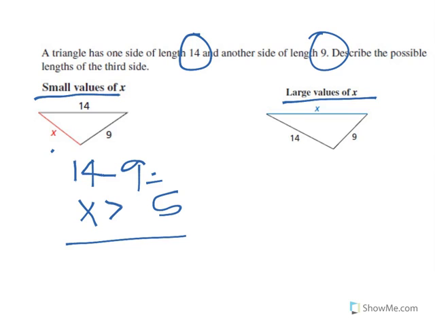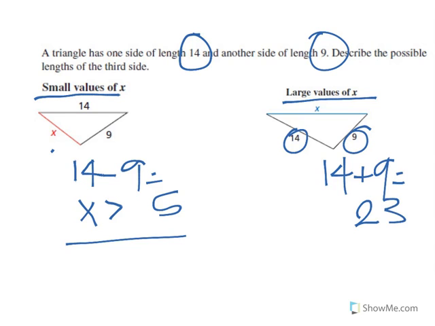Then over here on our large side, instead of subtracting it, we're going to take those two numbers and add those two numbers. If we add those two numbers together, we get 23. Okay, so then x must be less than 23.